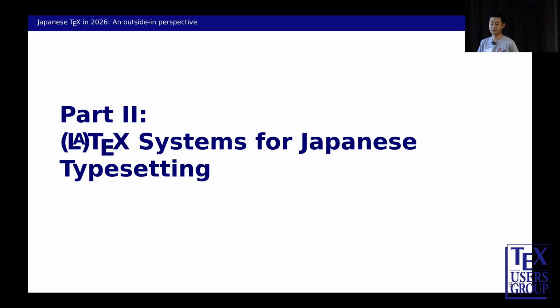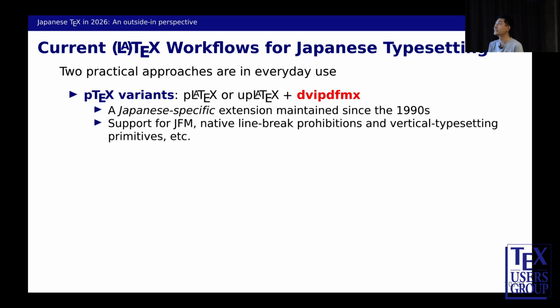So let's proceed to the technical side of Japanese typesetting, which are the TeX and LaTeX systems for Japanese typesetting which are used recently. Currently, we have two practical approaches for producing Japanese LaTeX documents.